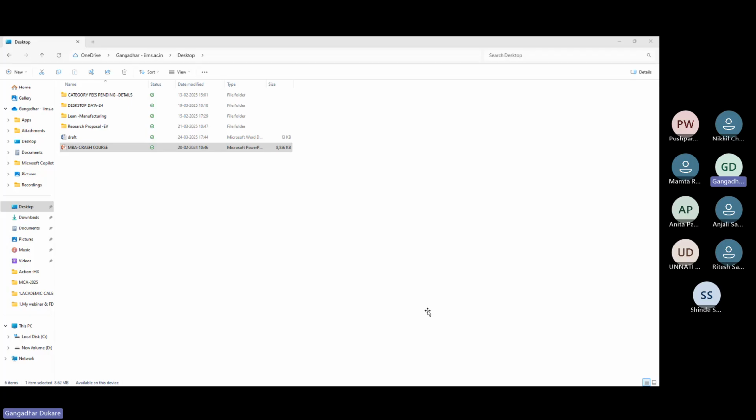Then we factorize into two brackets, that is 3x minus 2 and 2x minus 3. Checking: 3x into 2x is 6x square, then 3 into 3 gives minus 9x, and 2 into 2 gives minus 4x, so we get 6x square minus 9x minus 4x plus 6 equal to 0.